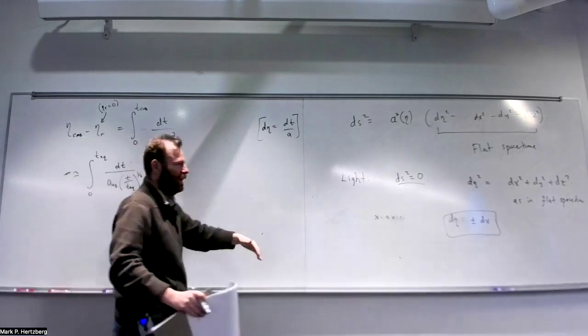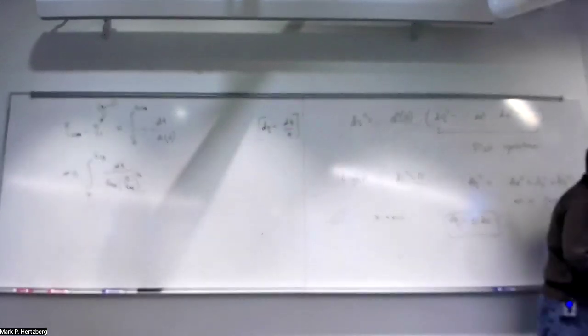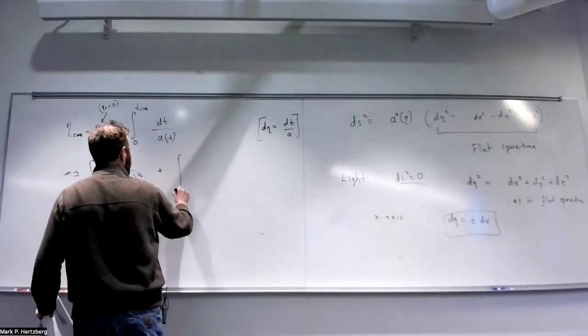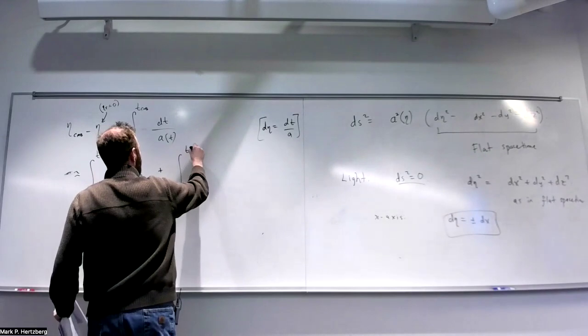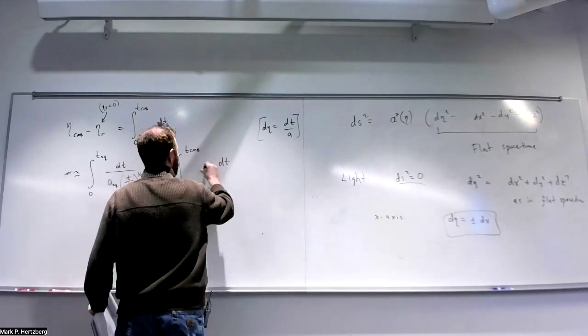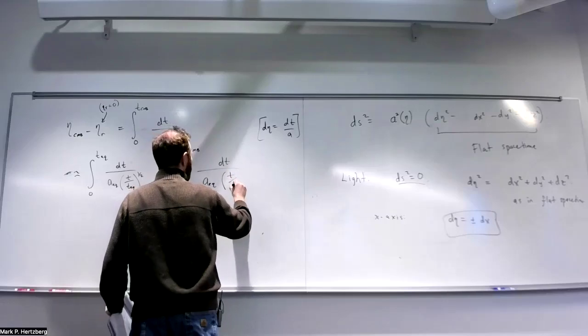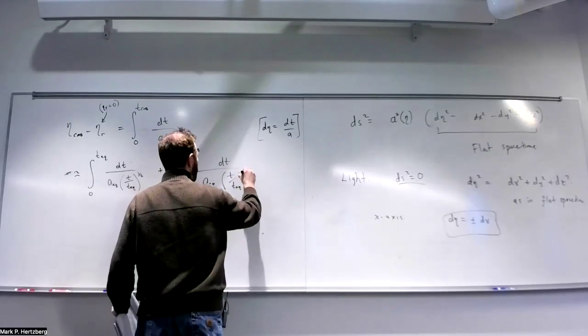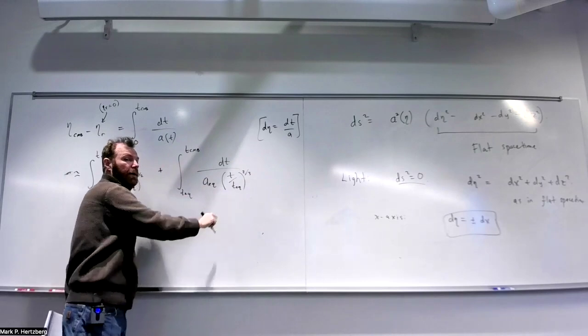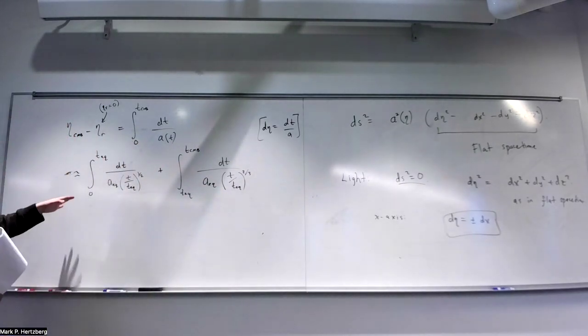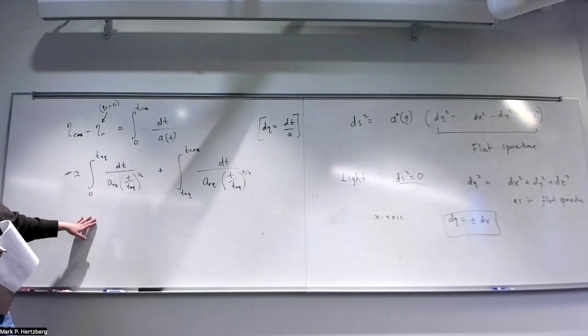So that's like half this integral, roughly speaking. And then there's the other half from t equality to t CMB, where I could use the same convention, t over t equality to the 2/3. That's because we entered the matter era. So you see these are some elementary integrals we can do.